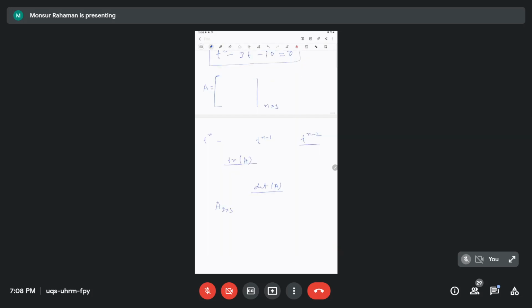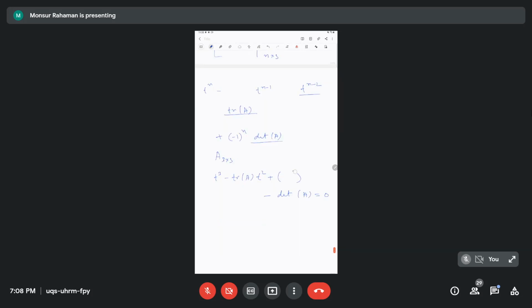If A is a 3 by 3 matrix, then this will be t cubed minus trace of A t squared plus something, then finally minus determinant of A equals 0. The constant will be minus 1 to the power n. The middle term will be a11 plus a22 plus a33 times t. This calculation is not so easy, so you will remember this too.